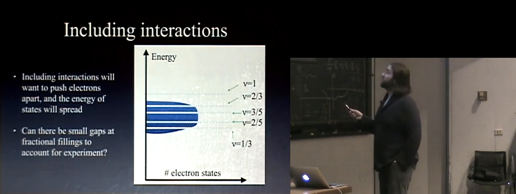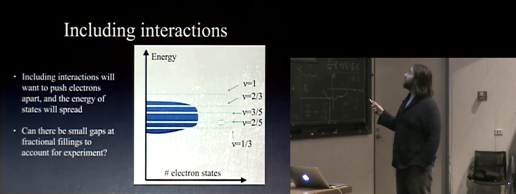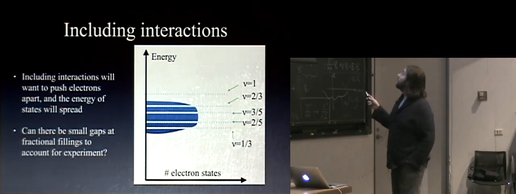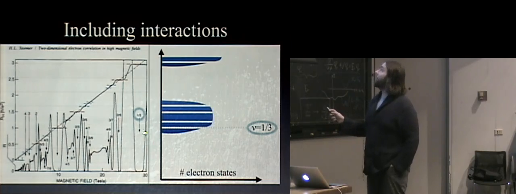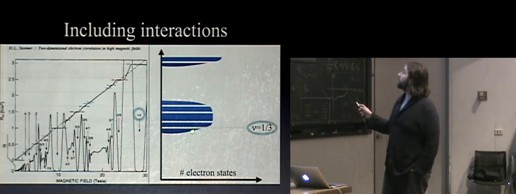And so this is kind of just crudely pictorially, right? The idea is that this is that gap that gives me the 1/3 state, 2/5, 3/5, 2/3, 1, etc. So we can kind of follow along here, right? If I have just enough electrons to fill up just this lower chunk here, I'll see this plateau.